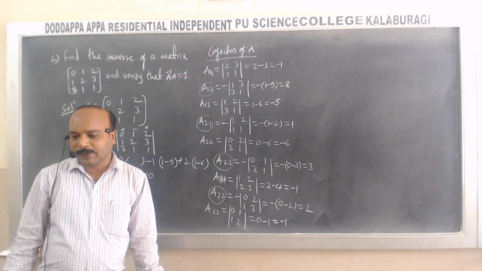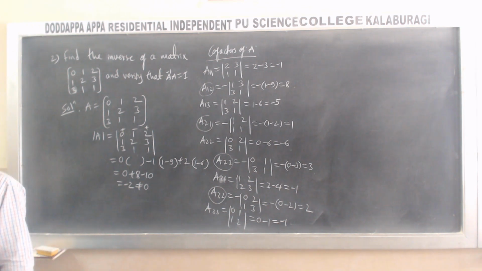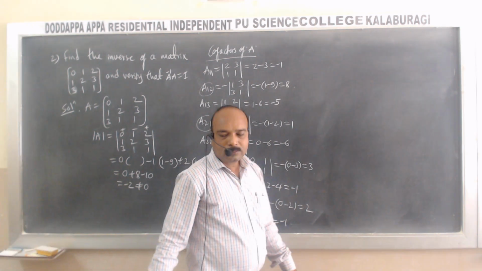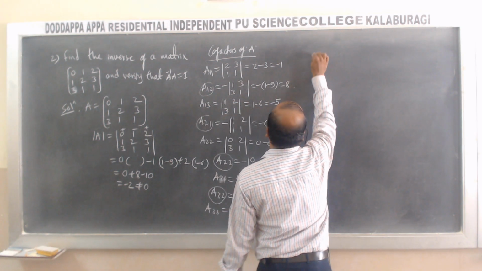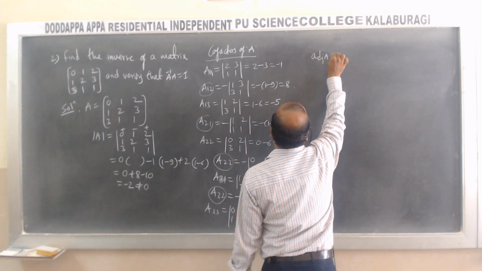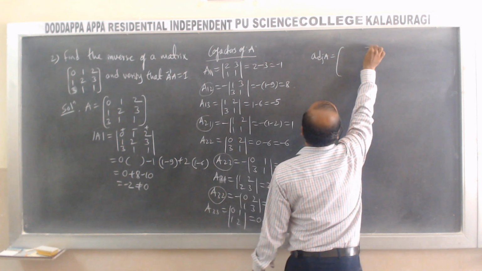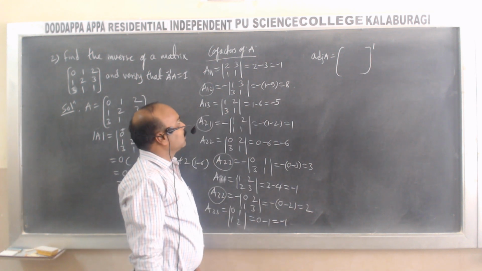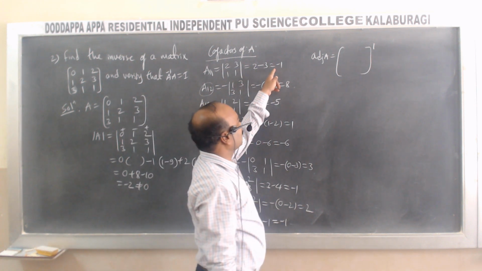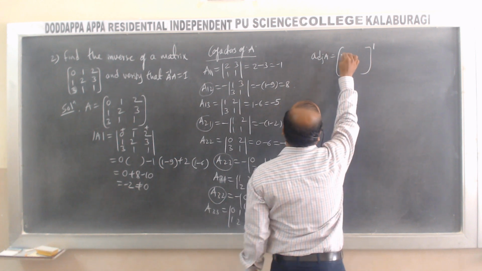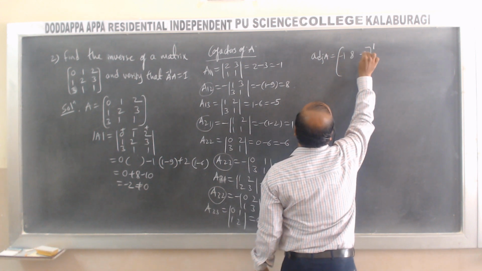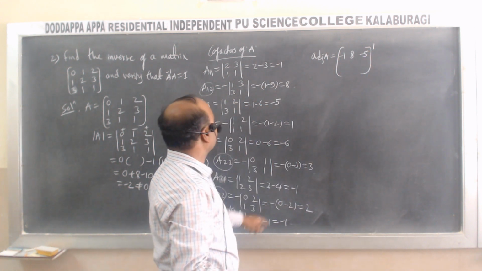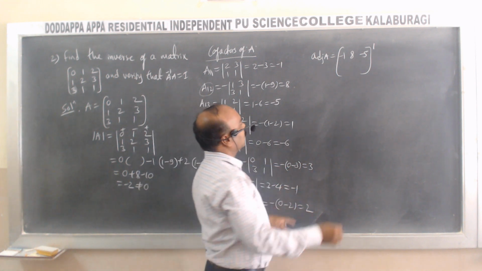Now we go for adjoint of this square matrix. So adjoint of A is given by the transpose of cofactors. First we write all the cofactor elements: first row minus 1, 8, minus 5. Second row, 1, minus 6, 3.